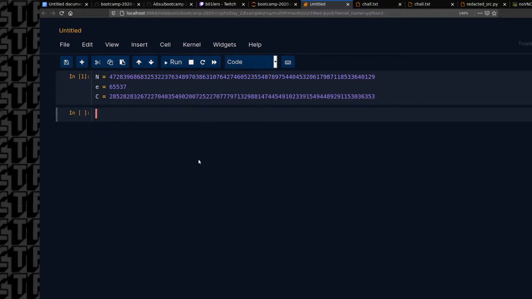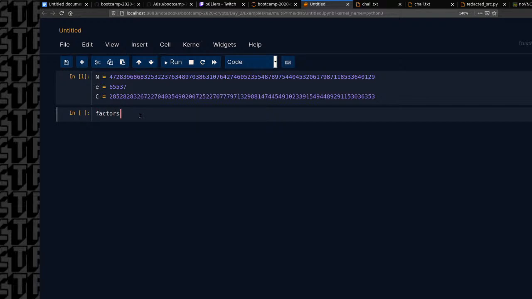So in the case that a tool cannot algorithmically calculate it, someone might have just uploaded it, and that might be helpful, but that is not generally going to be the approach. There's a lot of other ways that you can break RSA.